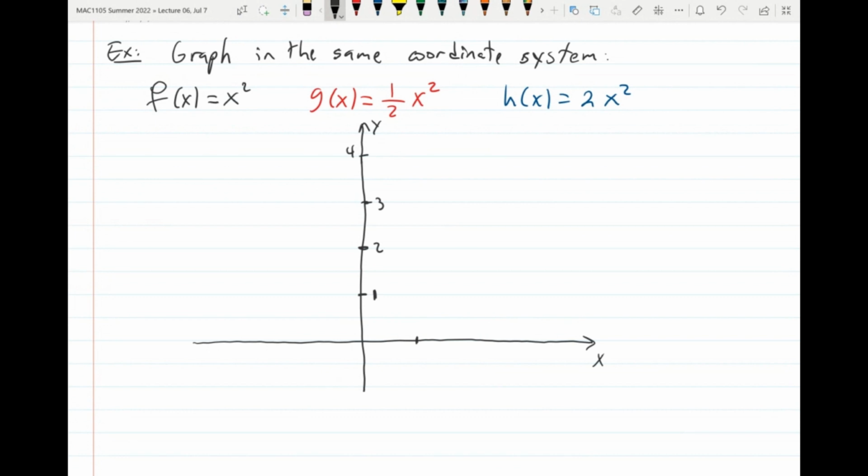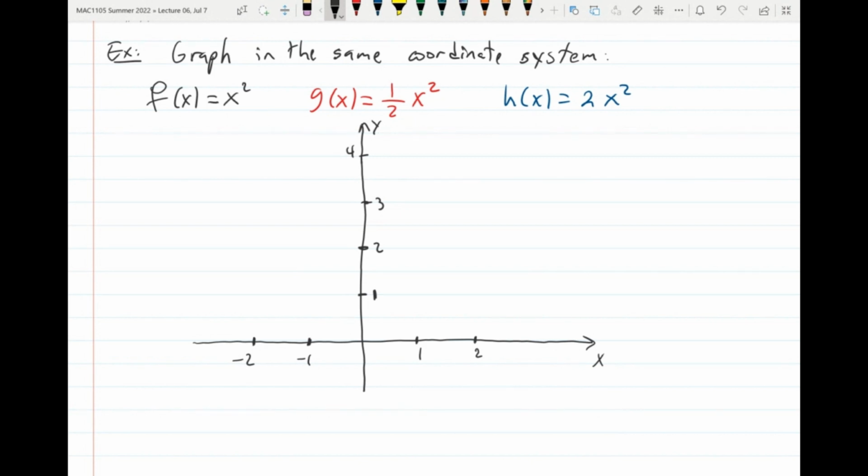Okay, so 1, 2. All right, so let's work with this scale. All right, so let's do it.